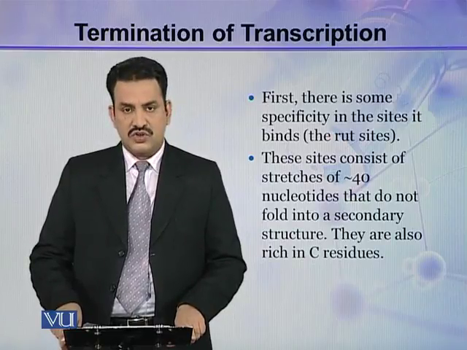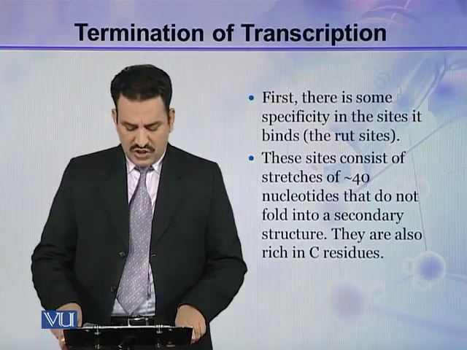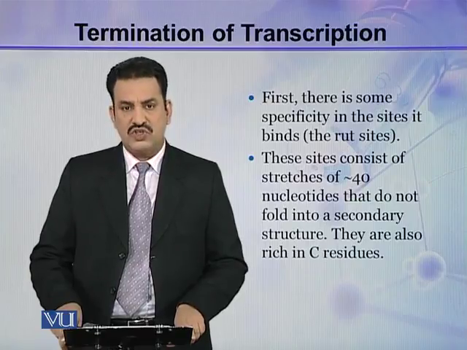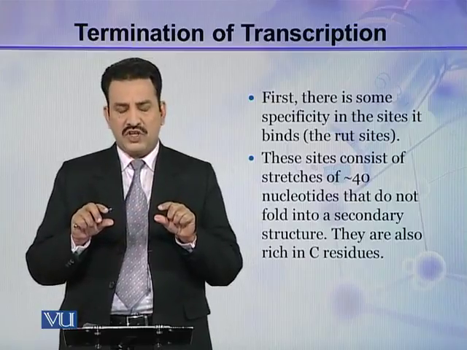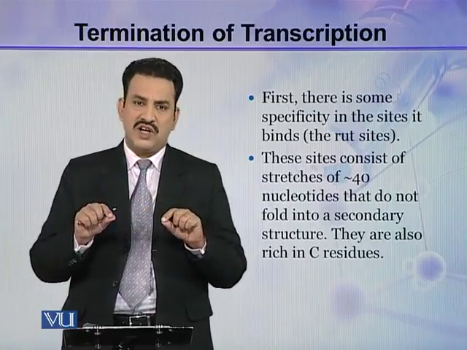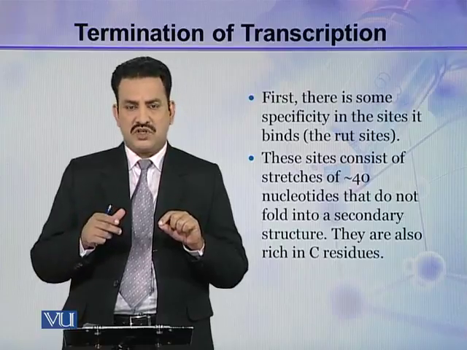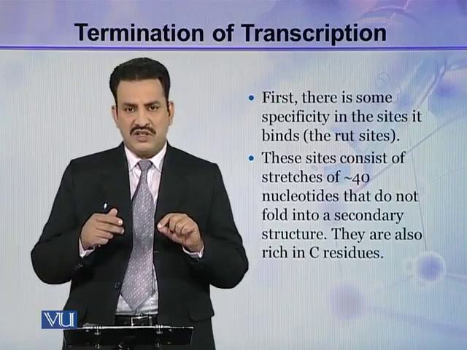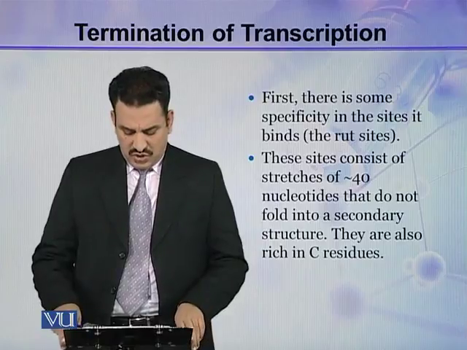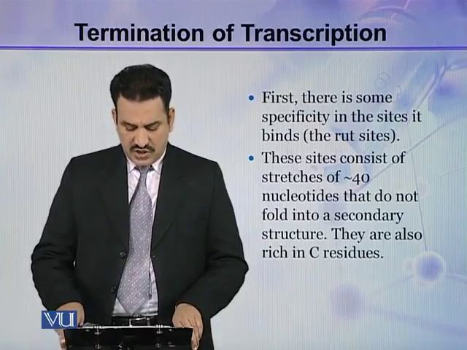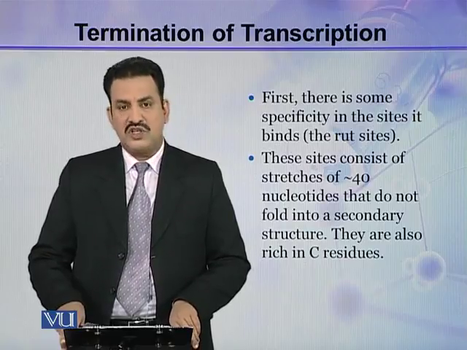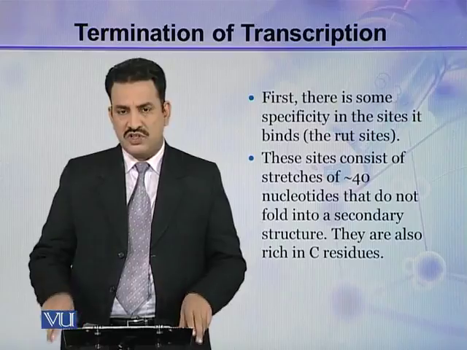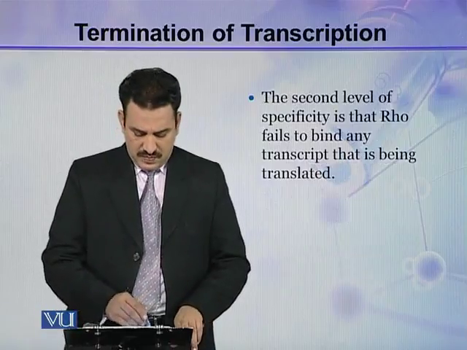These sites consist of stretches of about 40 nucleotides that do not fold into a secondary structure. So there is a sequence of about 40 nucleotides, and they remain in primary structure, that is, they are not double-stranded, rather they are single-stranded. So the Rho binds to these sites. They are also rich in cytosine residues.